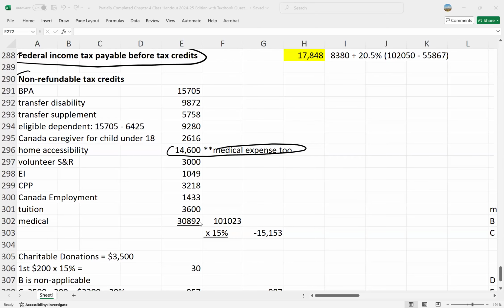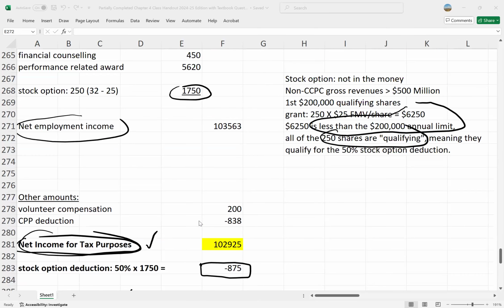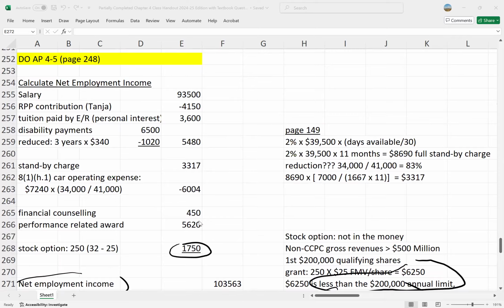Or there might be a problem that focuses on just employment income. So there's some stock options, there's some automobile benefits. What's going to be the impact to net employment income? So that might be another problem, for example, but not one problem that encompasses everything that we did in assignment problem 4-5. Does that help answer your question? Yeah, definitely. Thank you.